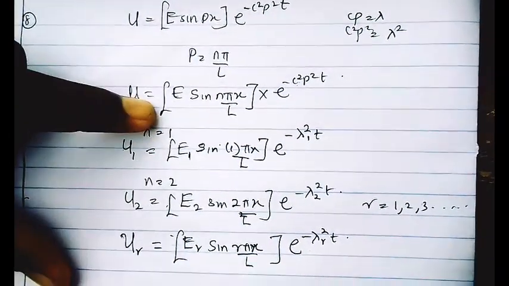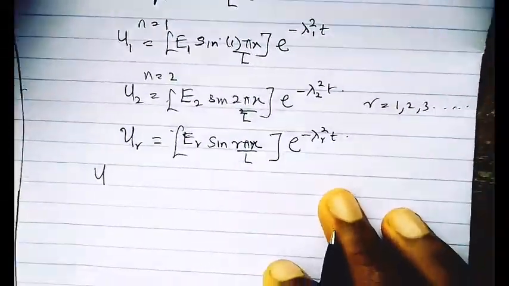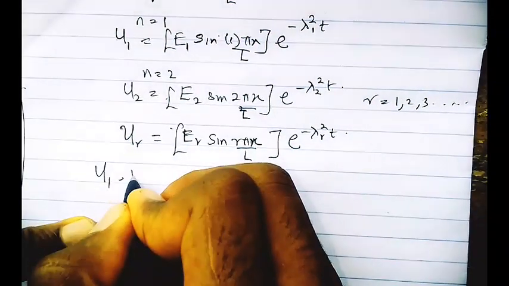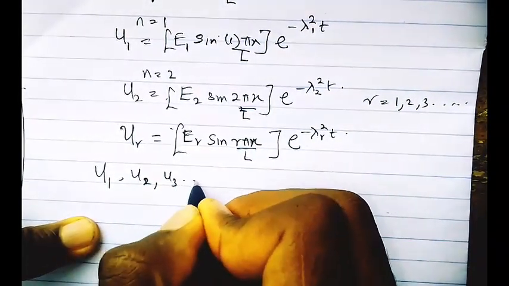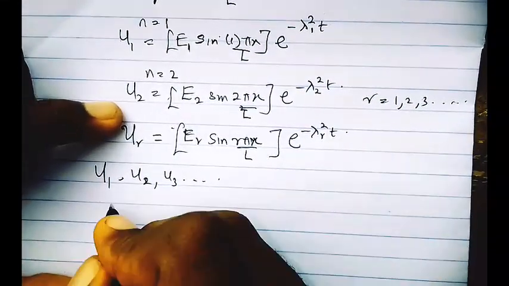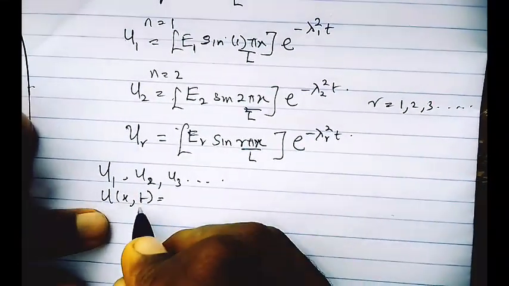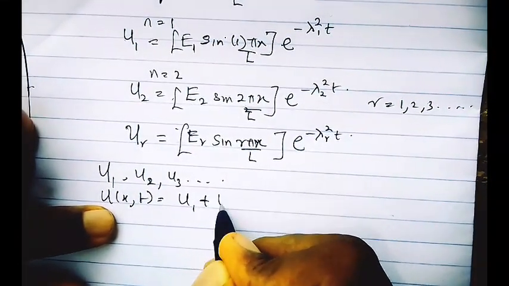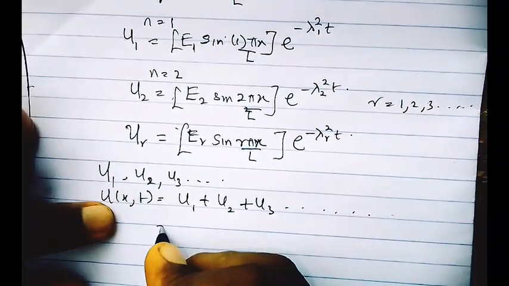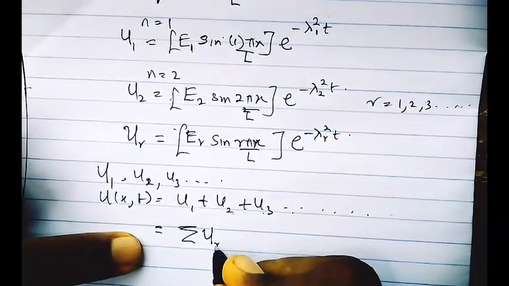If you can remember, if u1, u2, u3 are solutions to u, which is a function of x and t, then u1 plus u2 plus u3 and so on is also a solution. This can be written as a summation of ur.